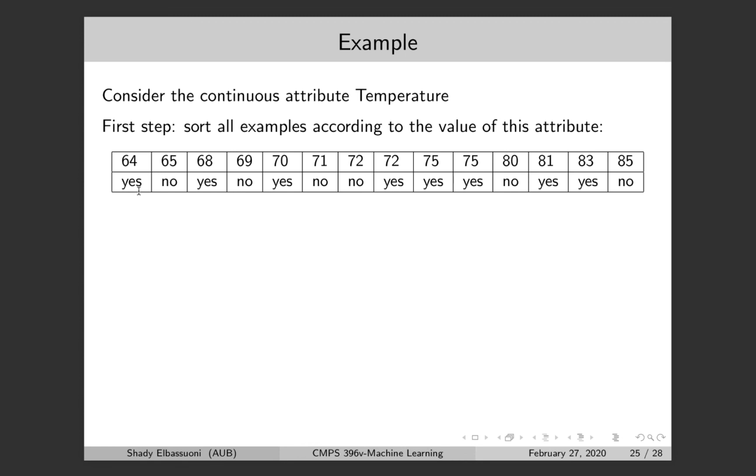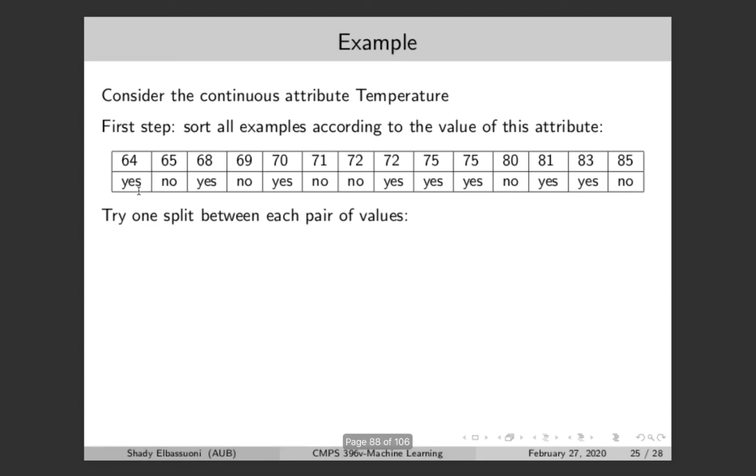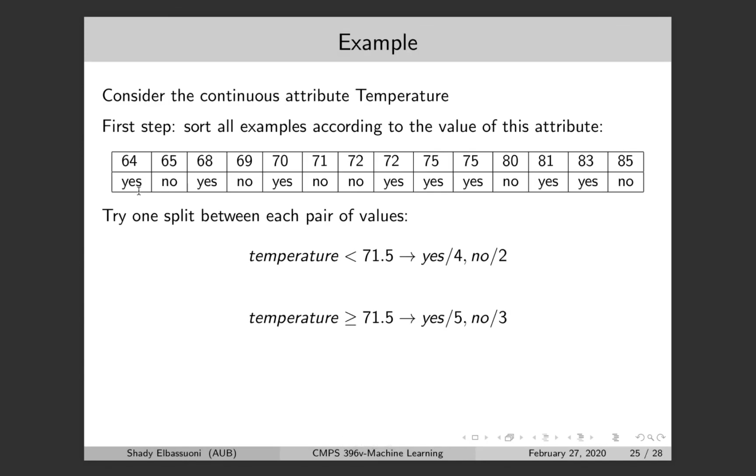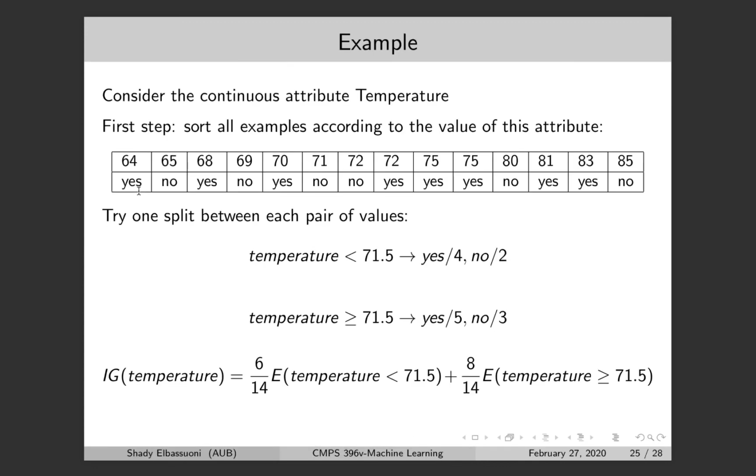Okay. And then I try one split between each pair of values. So temperature less than 71.5, I have 4 yes and 2 no. Temperature greater than 71.5, I have 5 yes and 3 no. I can compute the information gain of temperature.